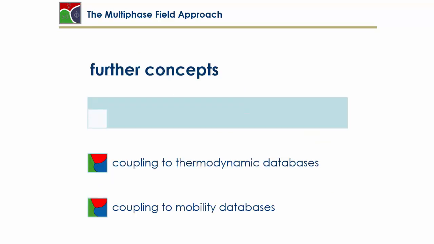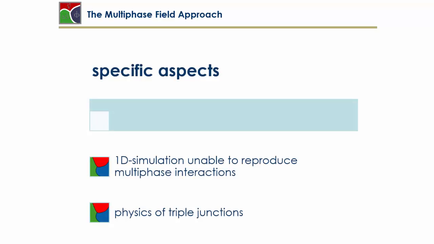The further concepts are to couple this multiphase method to existing thermodynamic databases and also to take data for diffusion from existing mobility databases. In contrast to the one-dimensional DICTRA, a multiphase field method can handle the physics of triple junctions, so wetting phenomena and other areas.